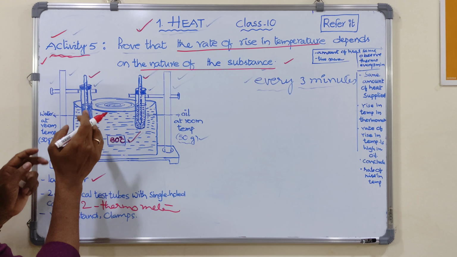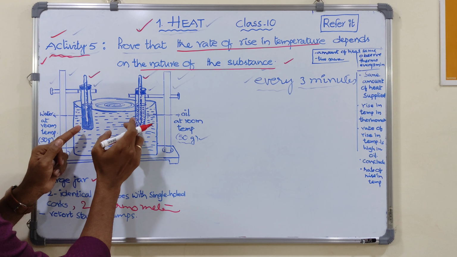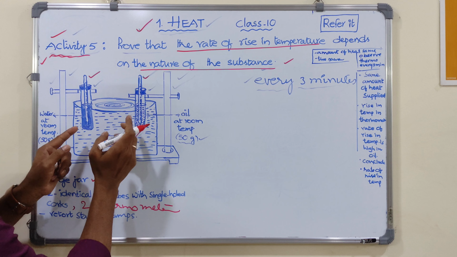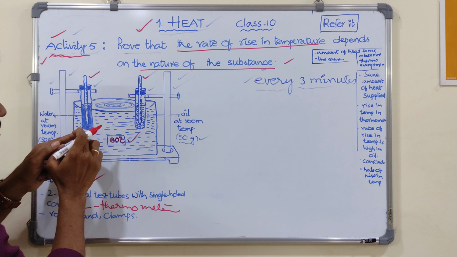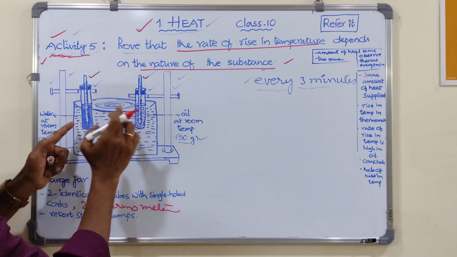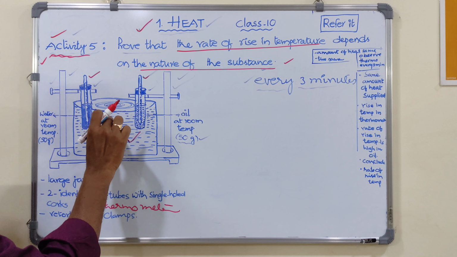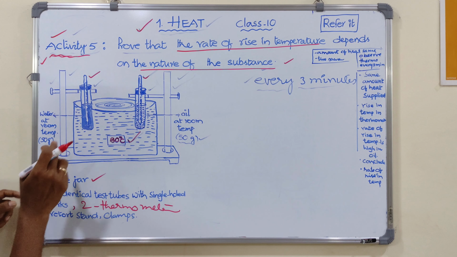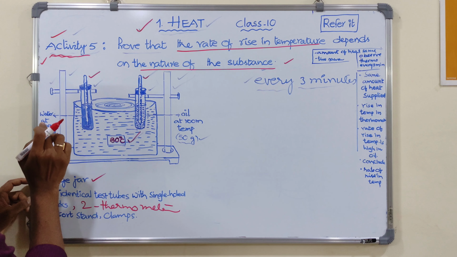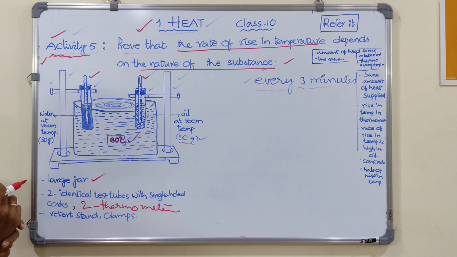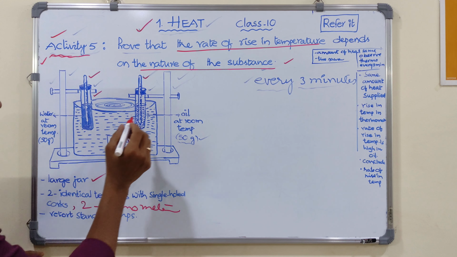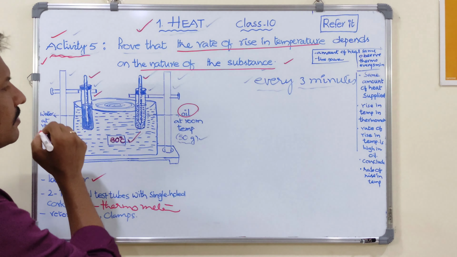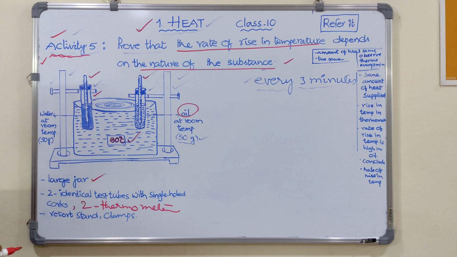Before inserting these 2 test tubes in this large jar, you have to take 50 grams of water in one test tube and 50 grams of oil in the other test tube.